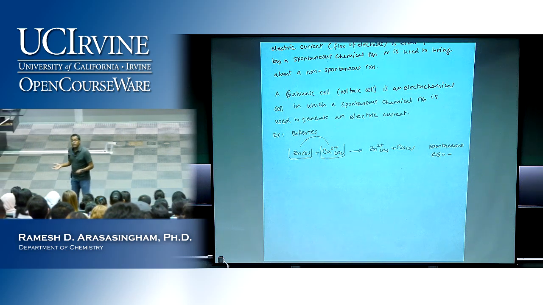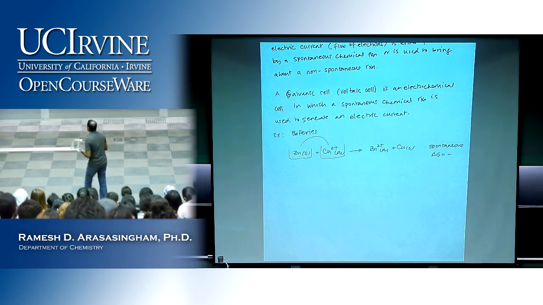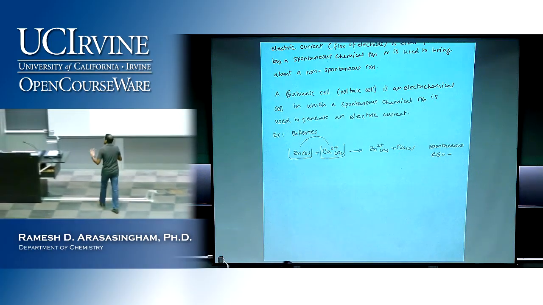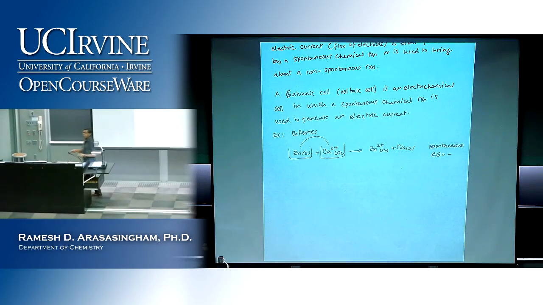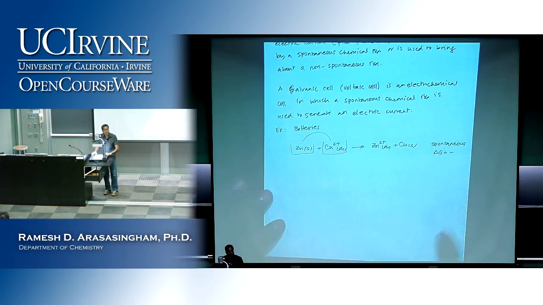Got it? And remember, electron flow is what? You can get a current. So we have to construct a device where you have all the elements for this process to take place. We have to separate the zinc from the copper.